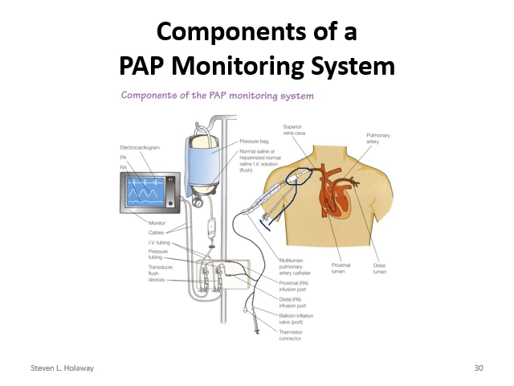You can see, here's our Swan-Ganz. You can see that basically we're connected up to our transducers. We remember they're color coded, so blue would be CVP, yellow would be PA pressures. If we had an arterial line, we would have here, and it would be going to the arterial line. All of these are plugged up and are hooked up to the monitor, which gives us our readings. Again, we've got a pressure bag that's delivering normal saline.